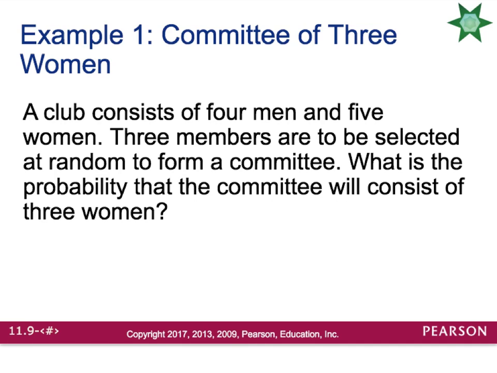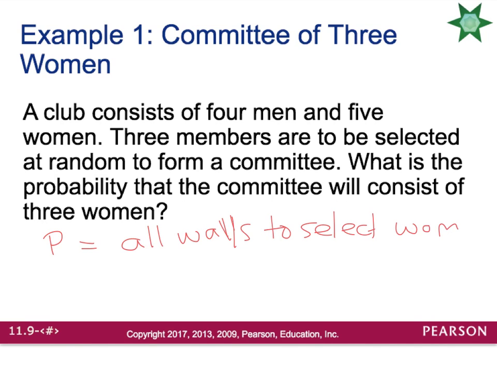So when we do this, we're going to have to set up a probability situation, and we are going to have to find all the possible ways you can select 3 women. And we're going to have to divide this by all the possible ways to select the committee in general.